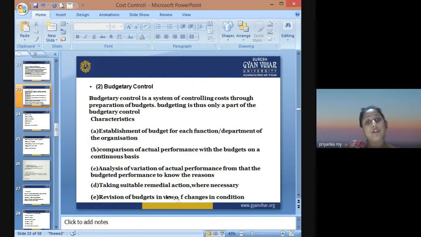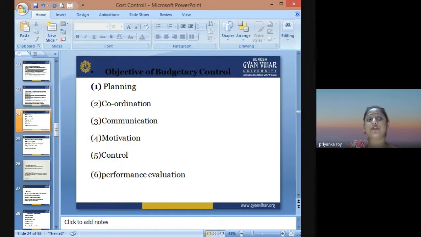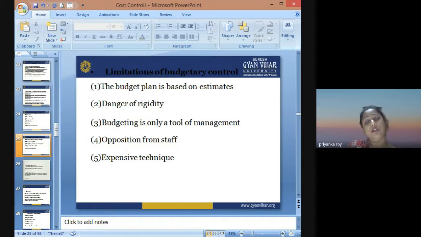So analysis of variations of actual performance from the budgeted performance is done, the reasons are known, suitable remedial actions are taken where necessary, and the budget is revised in view of changes in conditions. The objectives of budgetary control are planning, coordination, communication, motivation, control, and performance evaluation. All right, so that is budgetary control.